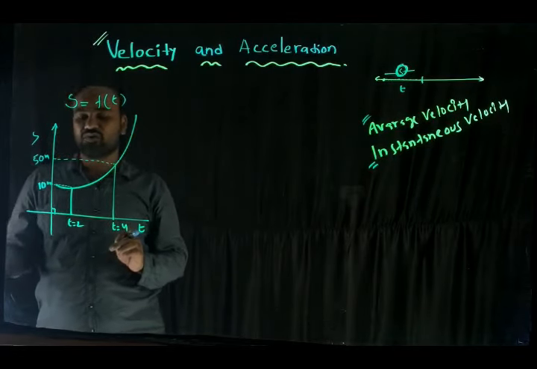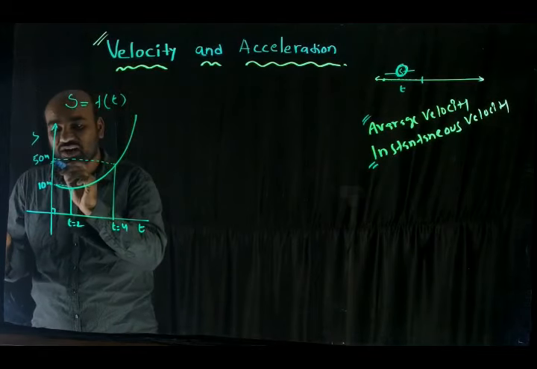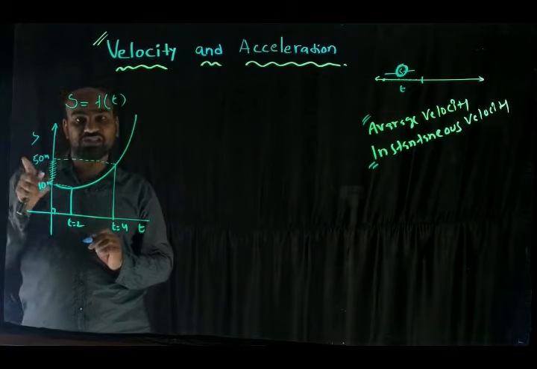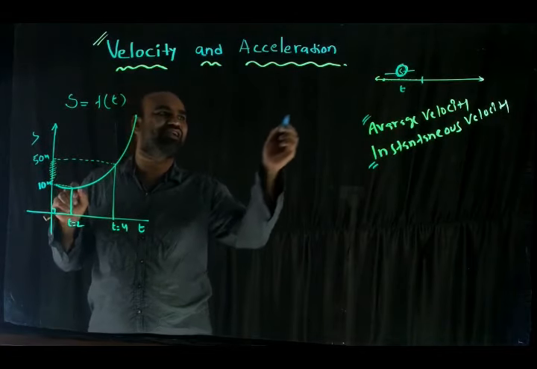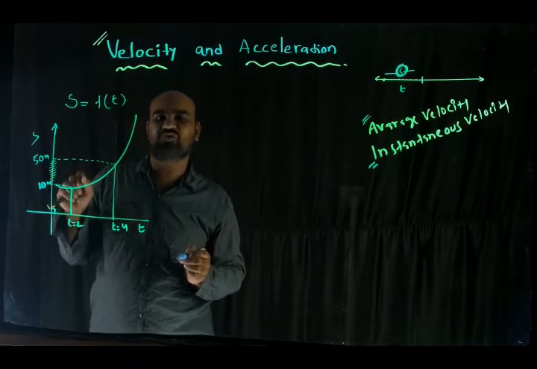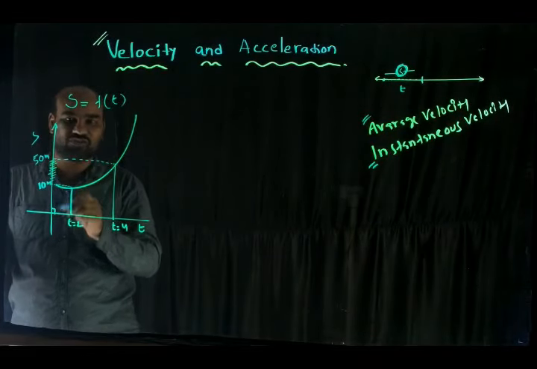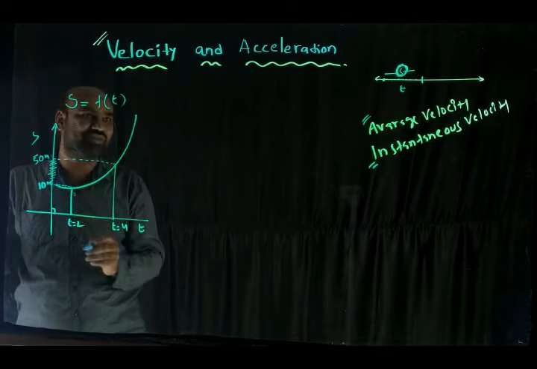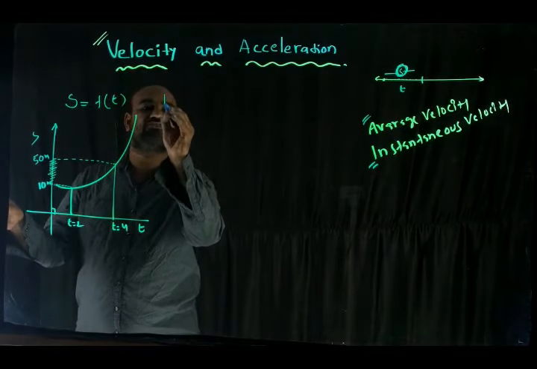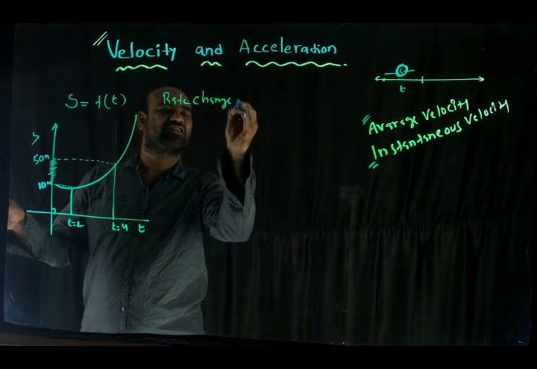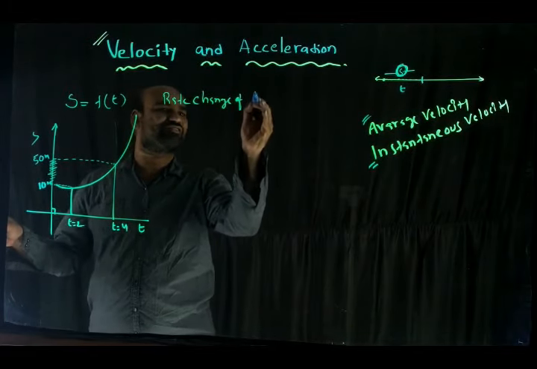Now we want to find at what rate the distance is changing: the rate of change of displacement. Here displacement and distance are the same because the particle is moving on a straight line.